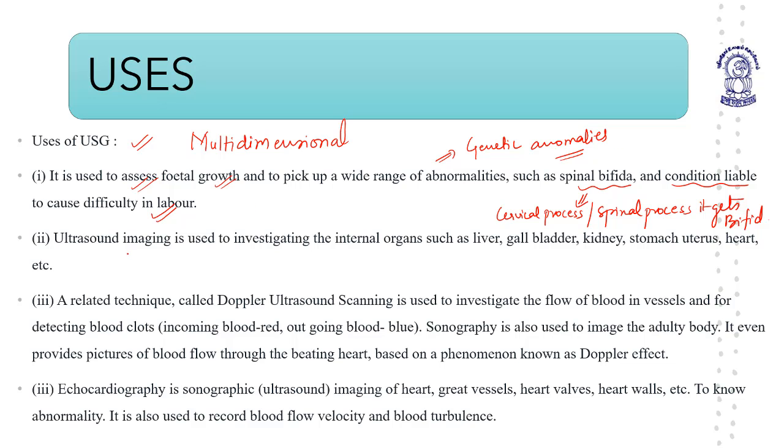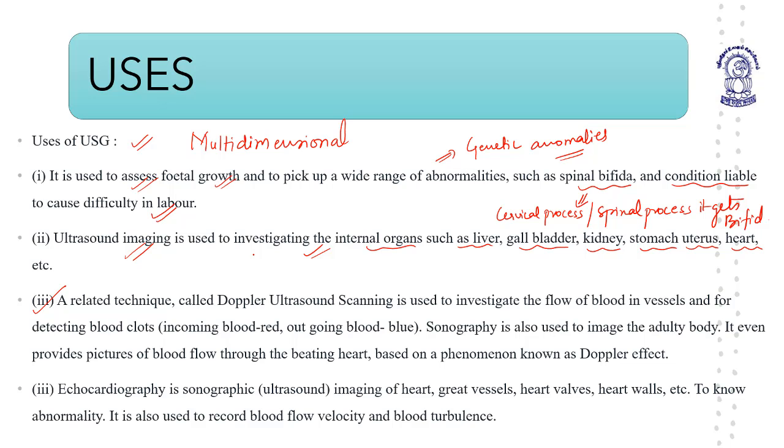Ultrasound imaging is used to investigate the internal organs such as liver, gallbladder, kidney, stomach, uterus, heart, etc. It is a related technique, having the same root of origin as ultrasonography.